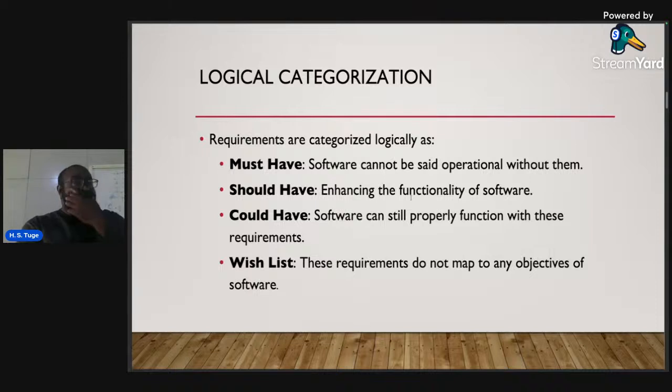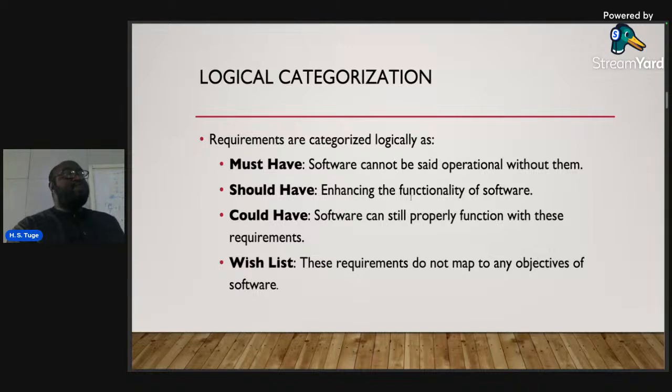Enhancing the functionality of the software. So let's look at it from this perspective. A software that is supposed to register students has the form. When you submit the data from the form, it registers the student. That is it.